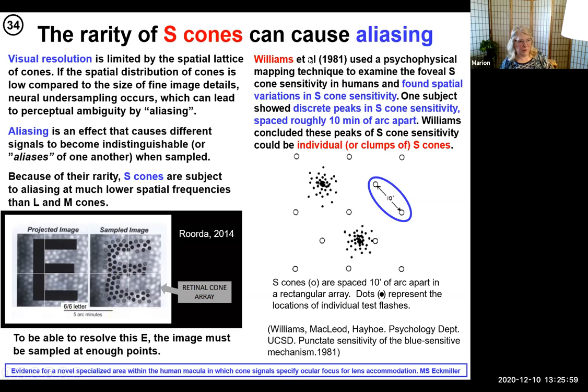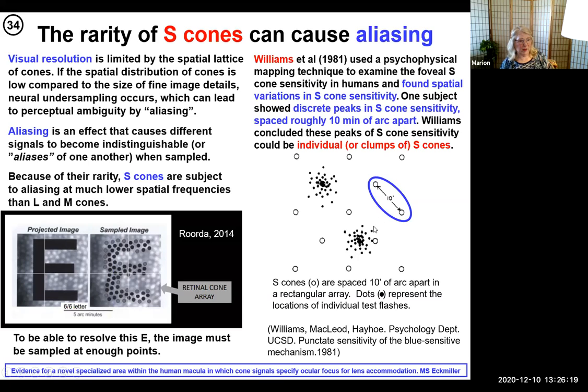David Williams, once again in 1981, published an interesting study, including Don McLeod as one of the authors, done at the psychology department at UCSD, entitled Punctate Sensitivity of the Blue Sensitive Mechanism in Humans.